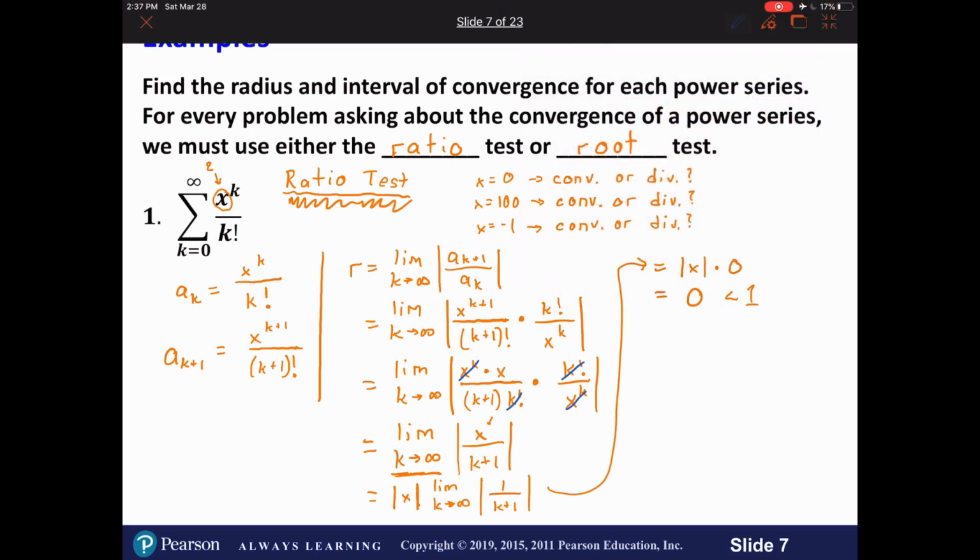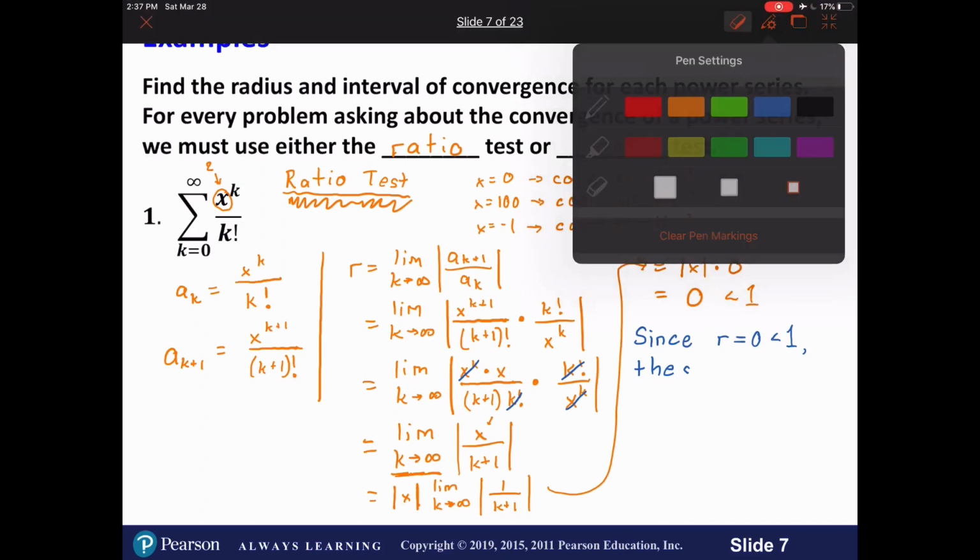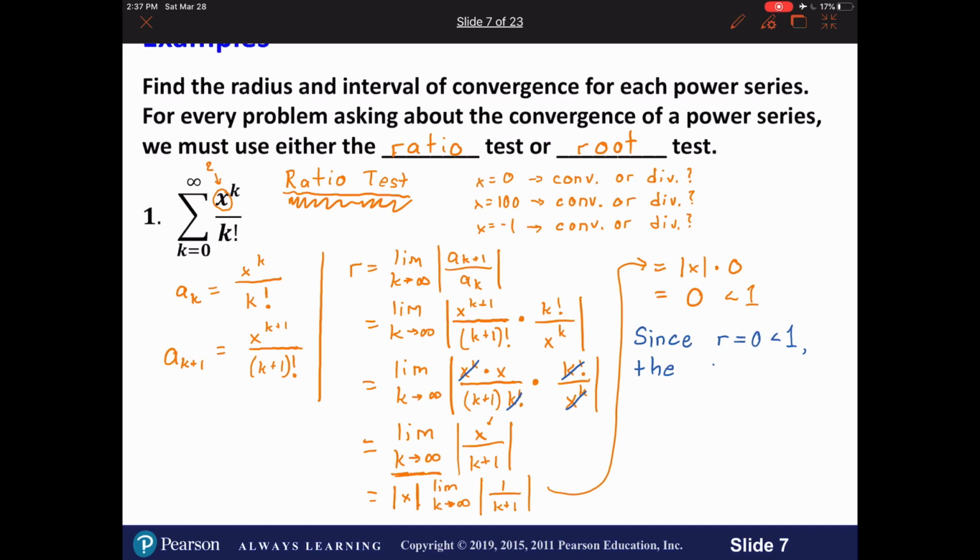So the conclusion statement here is that since r equals 0, which is less than 1, the series converges absolutely for all values of x.